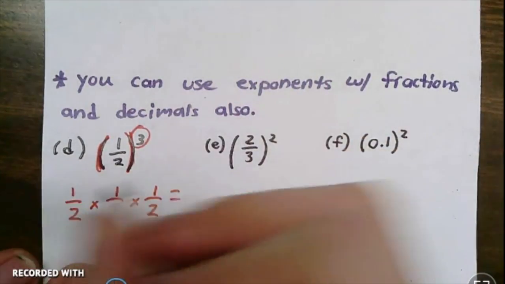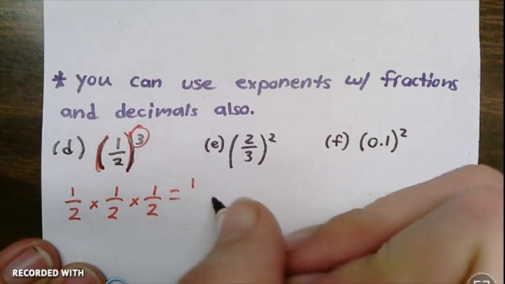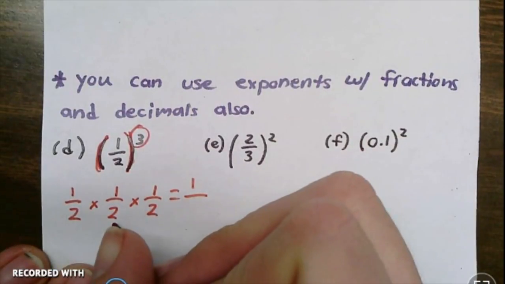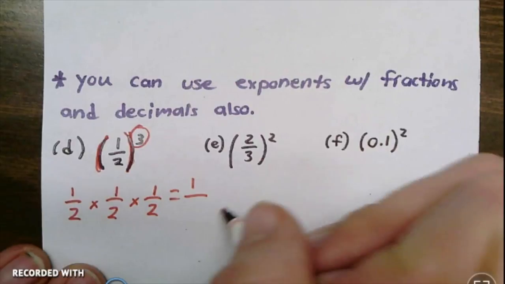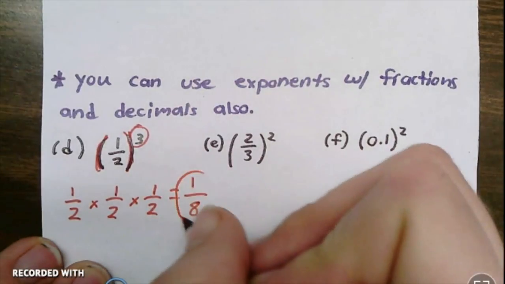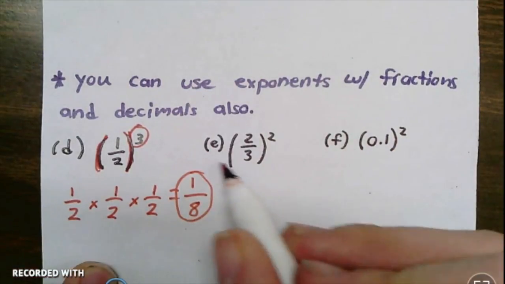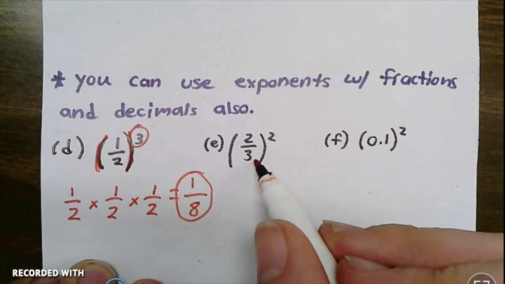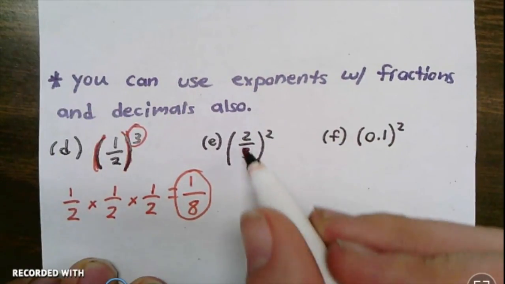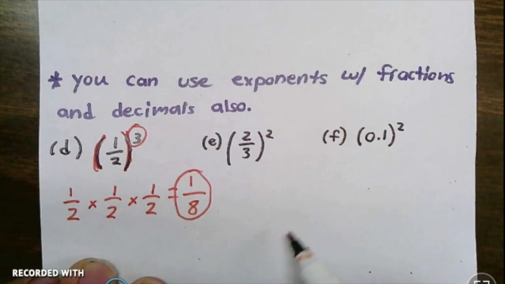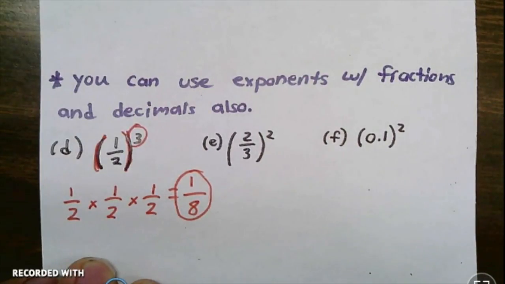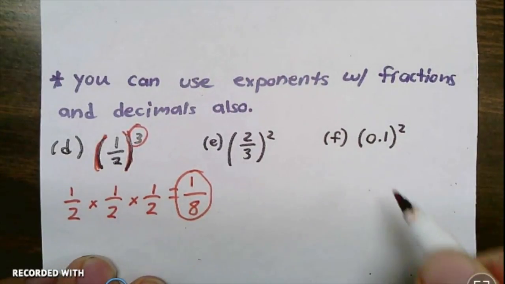Nothing simplifies. On top, I've got 1 times 1 times 1. And on bottom, 2 times 2 is 4. 4 times 2 is 8. Okay, try this one on your own. 2/3 squared. So that means you're going to write 2/3 times 2/3 and then simplify if it simplifies and multiply across.